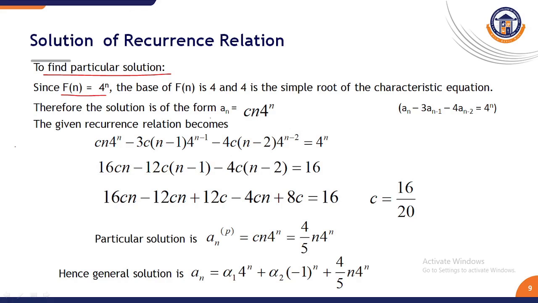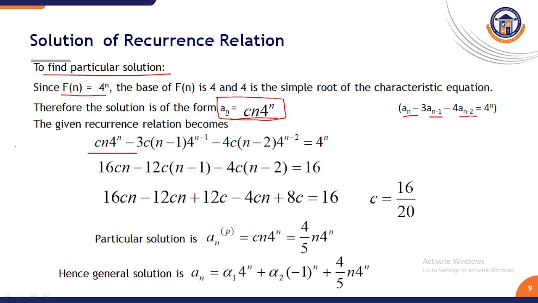Therefore, assume that the particular solution is in the form a n equal to C n into 4 power n. So using this result, find the values for a n minus 1 and a n minus 2. Here a n equal to C n into 4 power n.